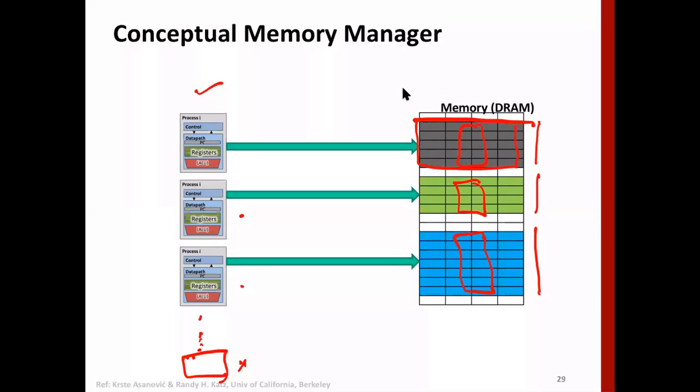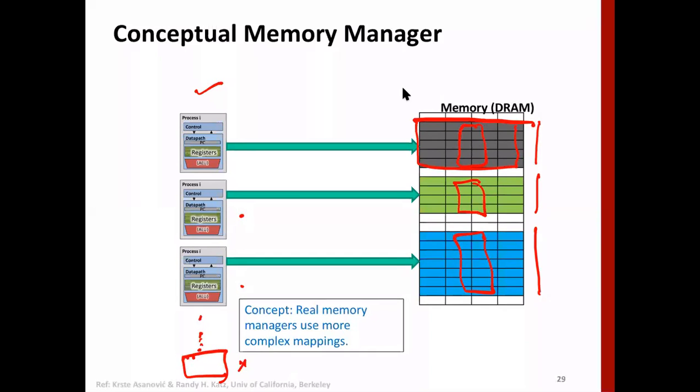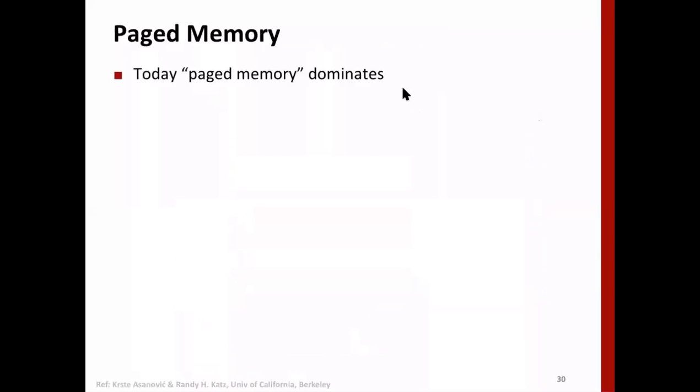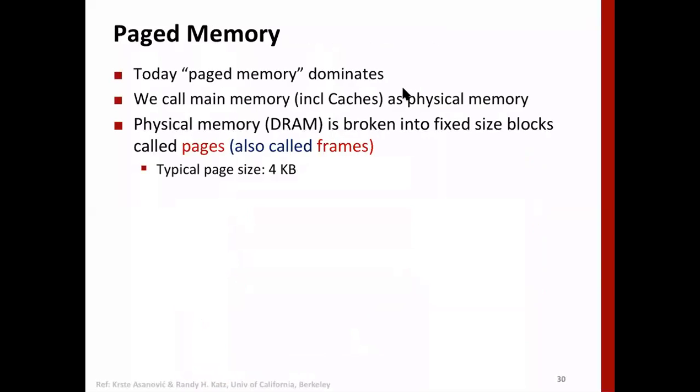So we'll look at how we can implement this. Real memory managers do more than this simple mapping, right? So we come to the concept of paged memory. Today there are two kinds of virtual memory. First is called segment based. Second is page based.